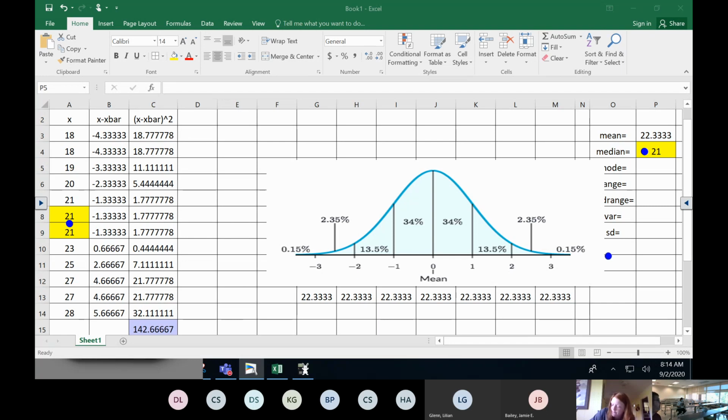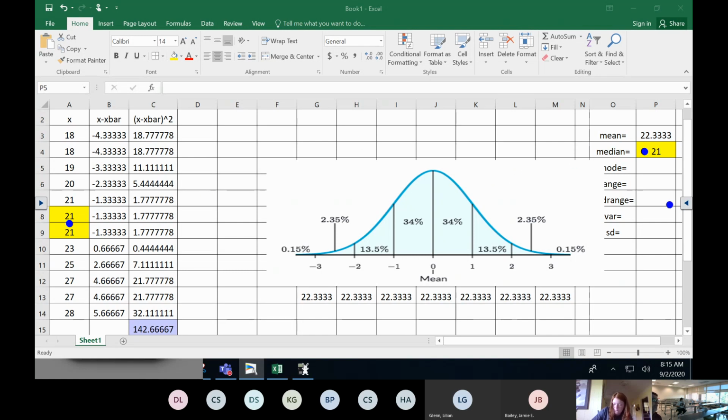Remember, when you're finding the median of even numbers, you find the absolute middle, that's between those two 21s. Now, it makes better sense if those are two different numbers, like a 21.5 or something, and then you would know it's in the middle. But when you're doing your 5-number summary, that blue dot's going to be important.